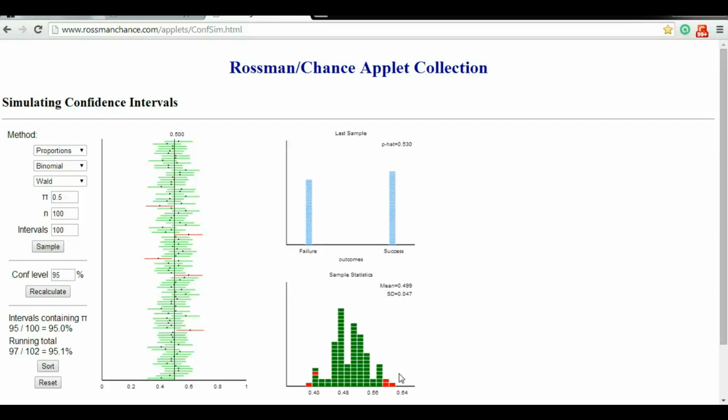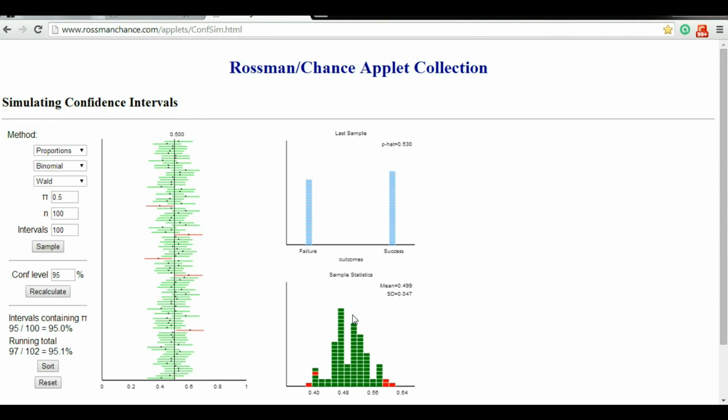Okay, so we're going to do what we call an interval. Over here these are a bunch of intervals, and where these black dots are, that's where the p hats landed. So we have our p hat, but we have to account for the variation from sample to sample.